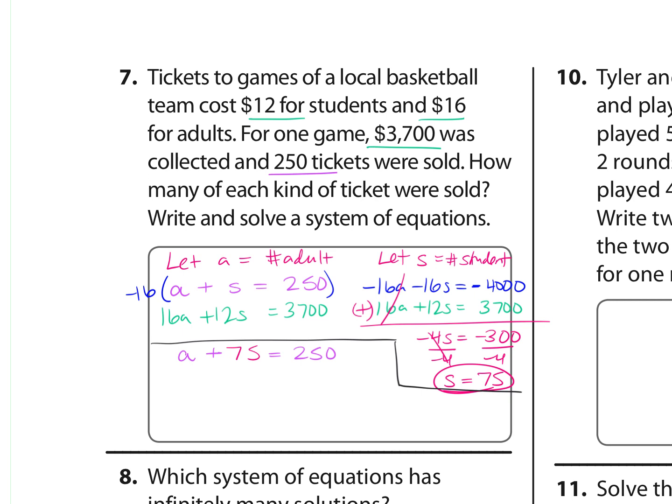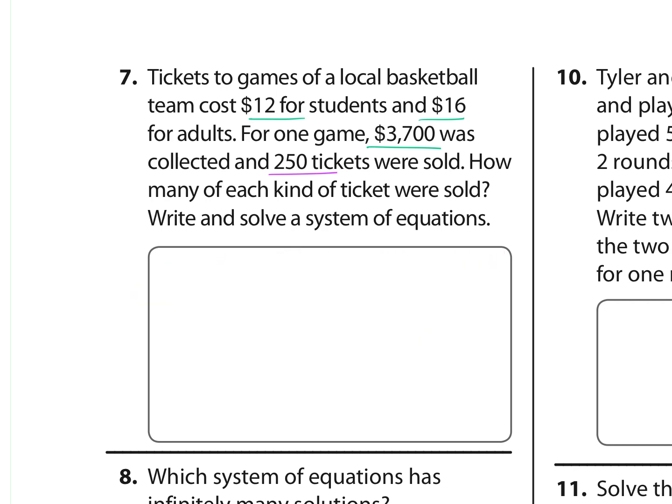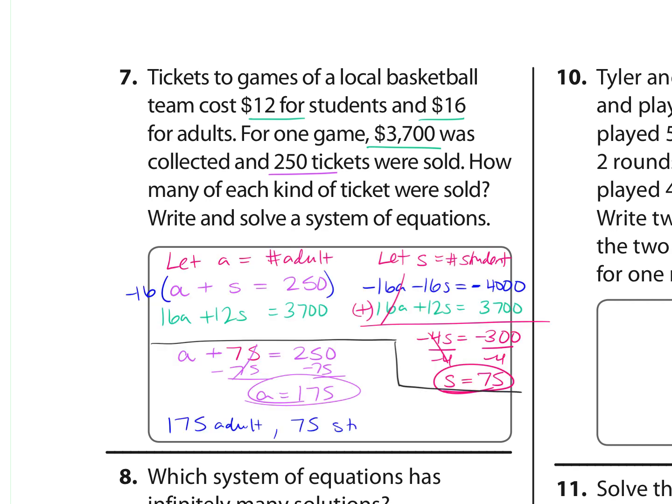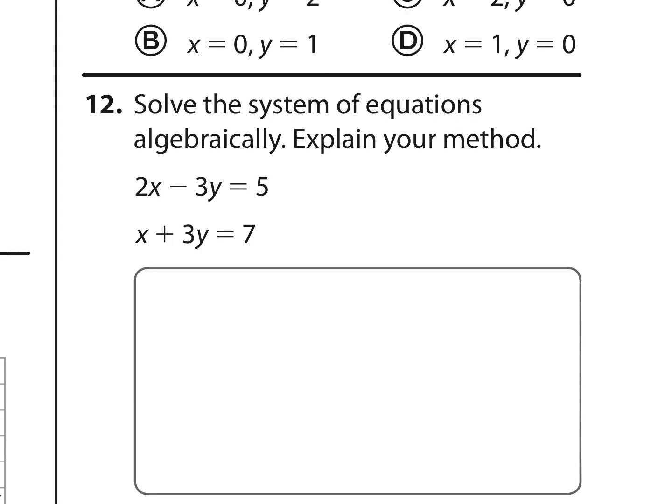And when I subtract 75 from both sides to get A by itself, we get that A is 175. So to answer the problem, there were 175 adult and 75 student tickets sold.